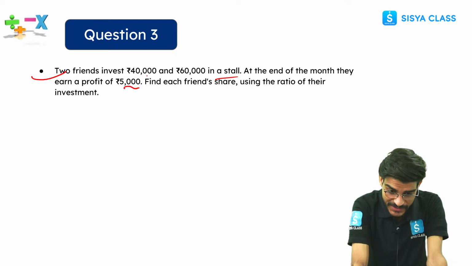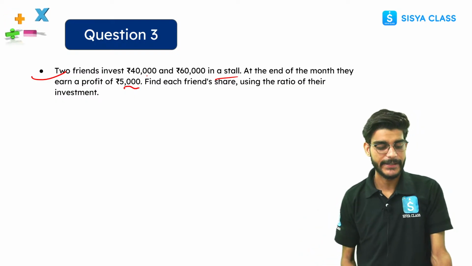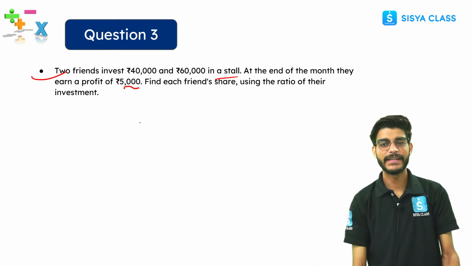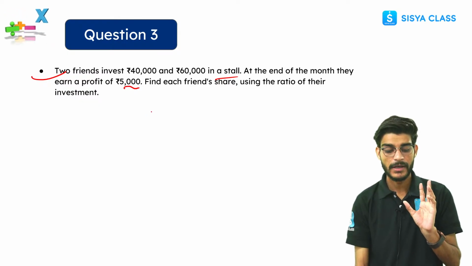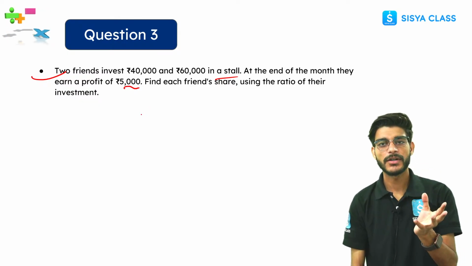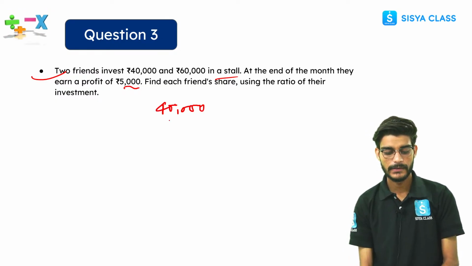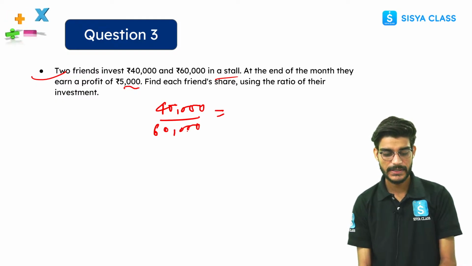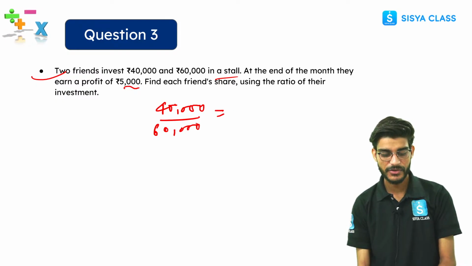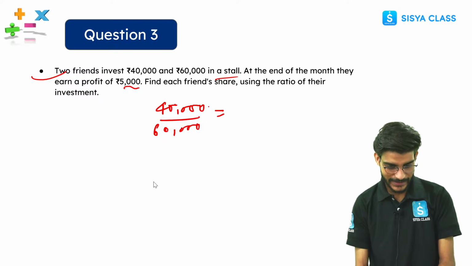Find each friend's share using the ratio of their investment. There are two friends. First of all, what is the ratio of their investment? It is 40,000 to 60,000.